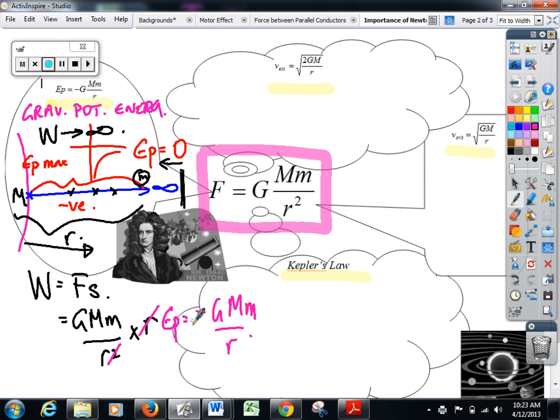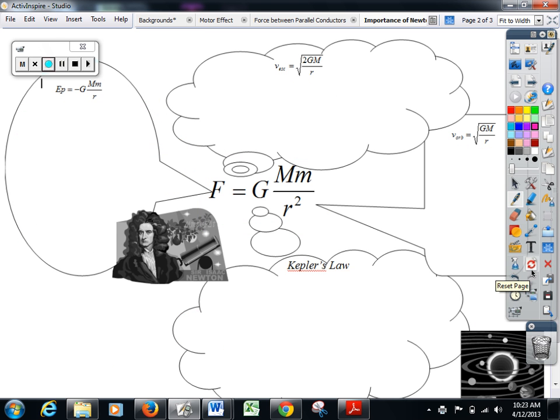So that was the first understanding that came from Newton's law of universal gravitation. We then moved on, because we now have this understanding that EP is equal to minus GMm on r, that this is the energy needed to move it from the surface of the planet to an infinite distance away.